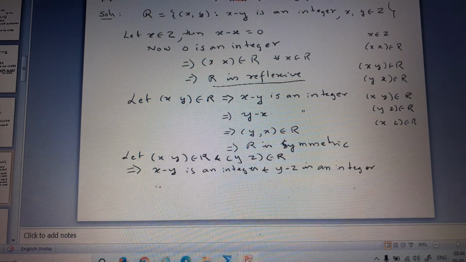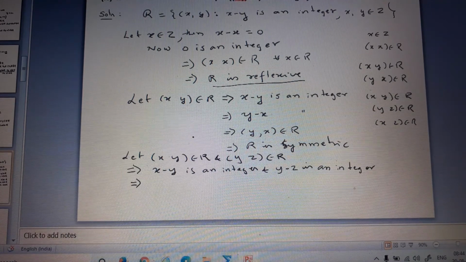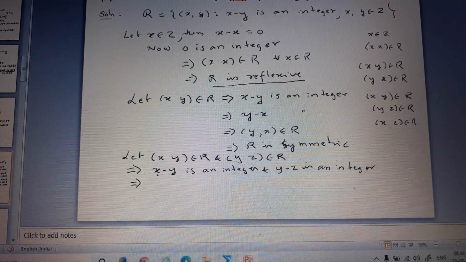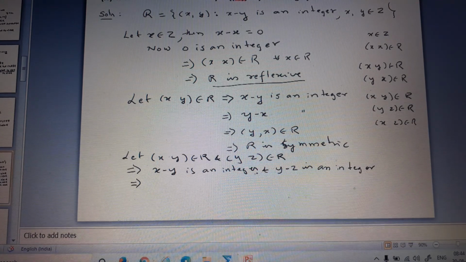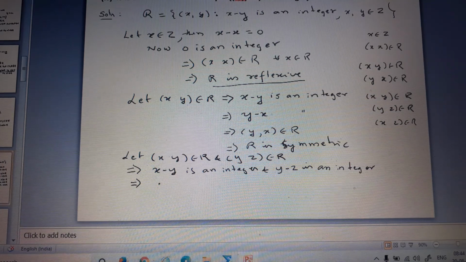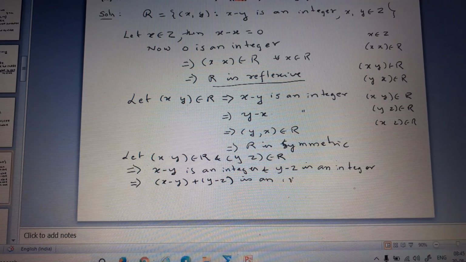Now here we have to play one small trick, because I want to show that (x, z) belongs to R. Suppose this is an integer and this is an integer. What about the sum of two integers? That is also an integer. Therefore x minus y plus y minus z is an integer. Now I can cancel y and y.